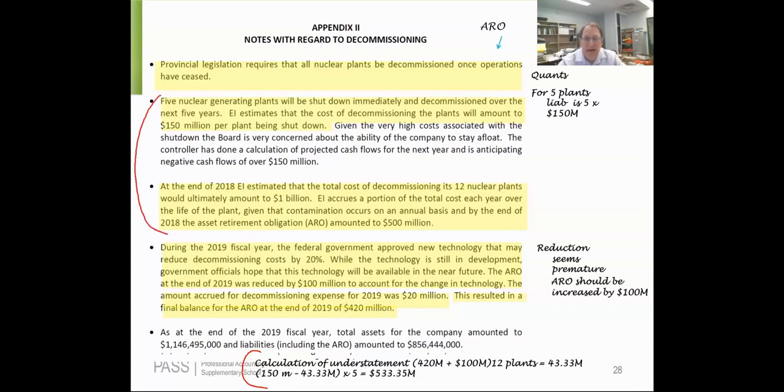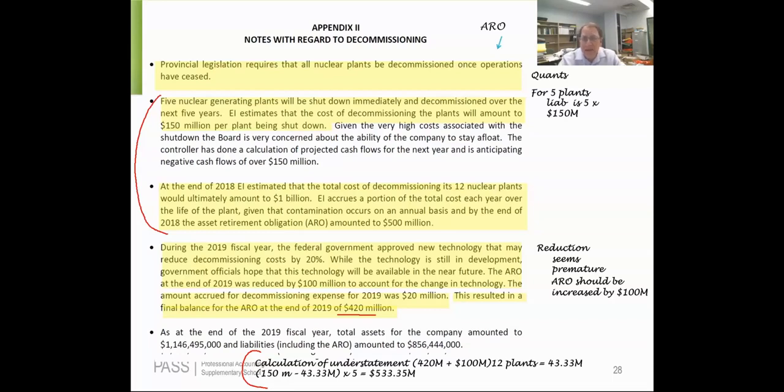How the heck can I have 420 in 2019? And what about the other plants that are not even going to be shut down? I was always providing for them. So you are way too low here. Just the 5 plants you're closing down, you got 750. And what about the rest?